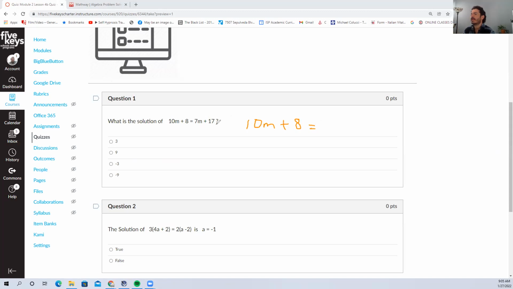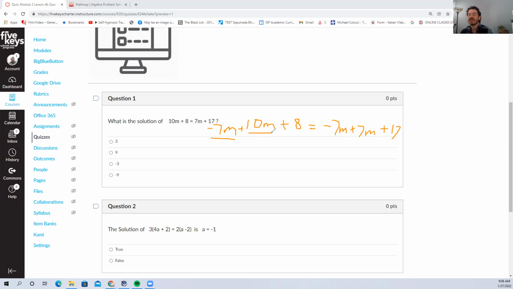So I'm going to add the opposite of what's on the right, which is the -7. So I'm going to add the opposite. Okay, so I have a -7 and a +10.